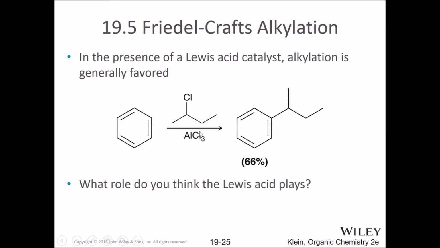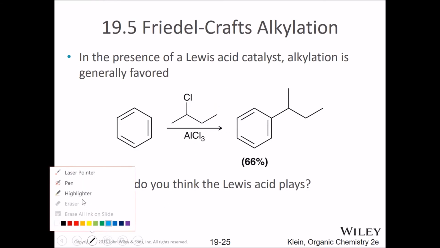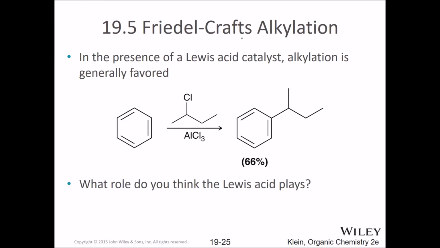We complexed it with a Lewis catalyst. We complexed it with the Lewis acid. Remember that? Let me go back to red. Okay. So we get decent alkylation if we do the same thing with Al.